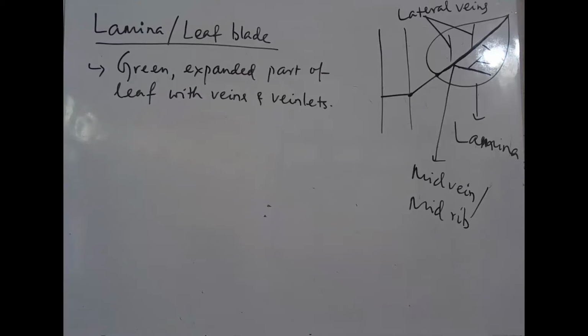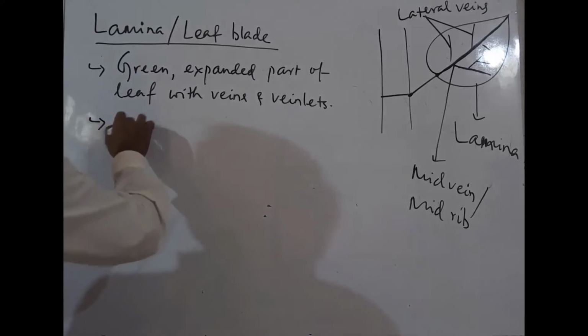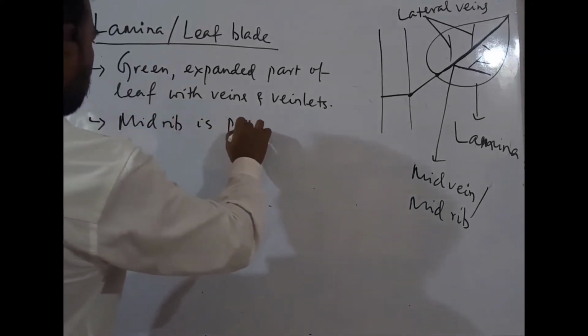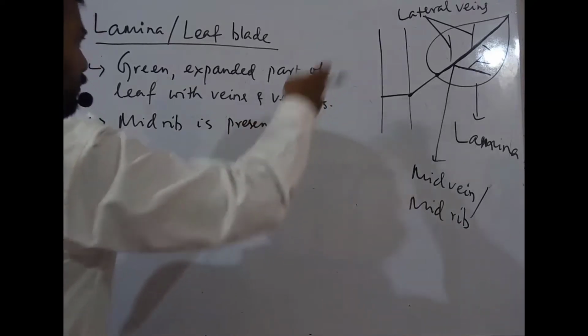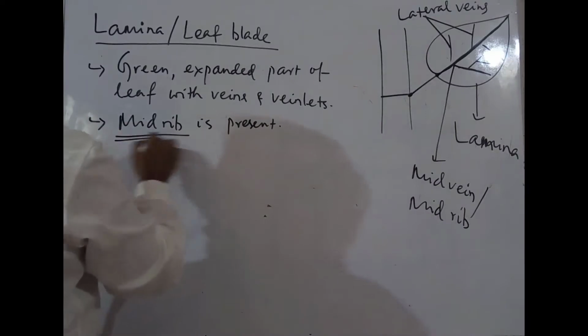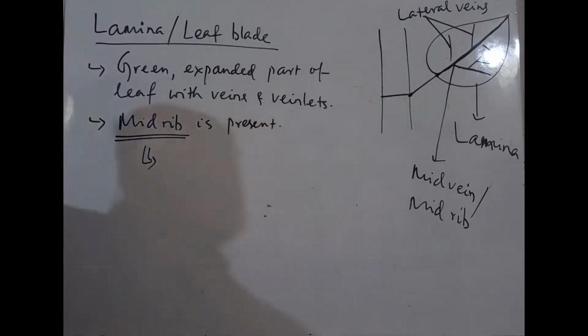The middle prominent vein known as midrib is present. And what is this midrib? जो मेन वेन होता है ना उसका बीच में उसको बोलते हैं midrib. ये midrib क्या है? ये लार्ज साइज का है, उसका थिकनेस बहुत बड़ा है.